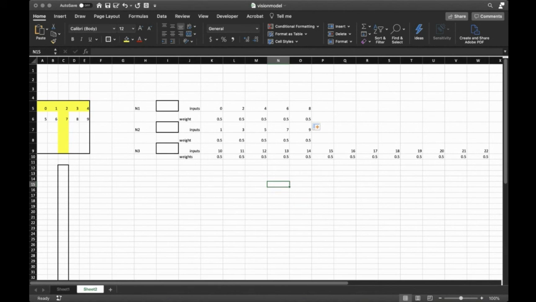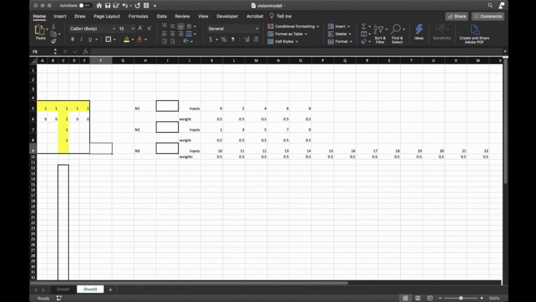I'm not going to put ones in here because these are all 1, so I'll put 0 in here. So let's just calculate what the sum of the weighted inputs is going to be for this neuron number 1.